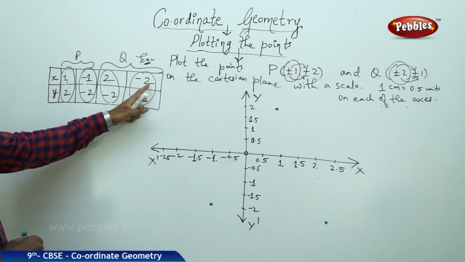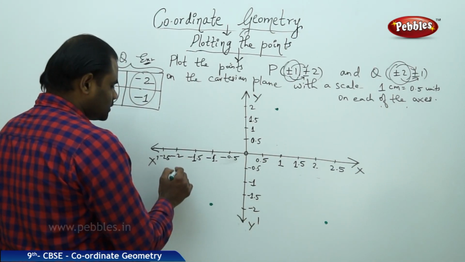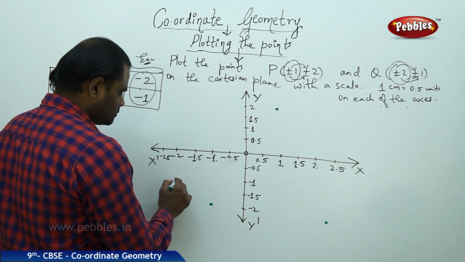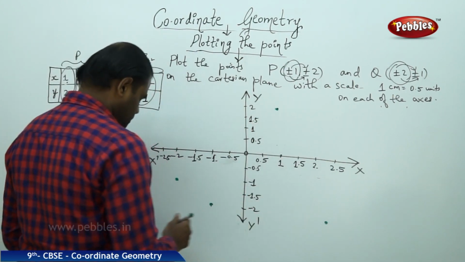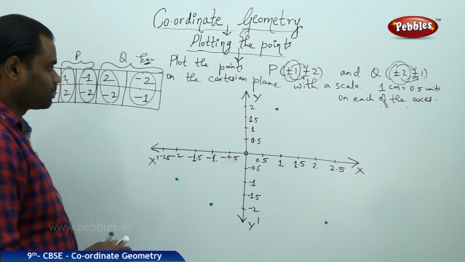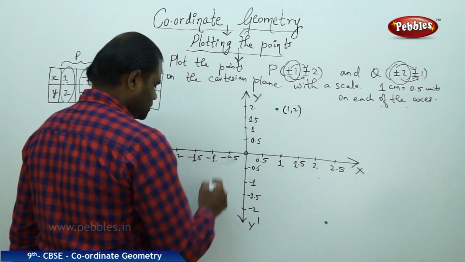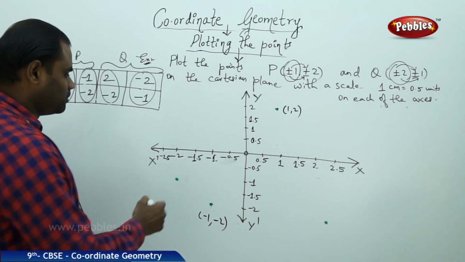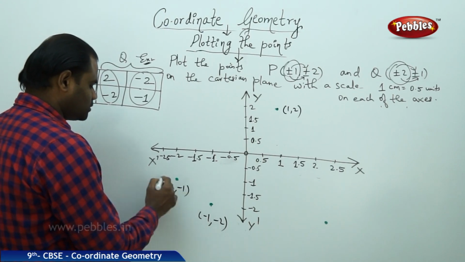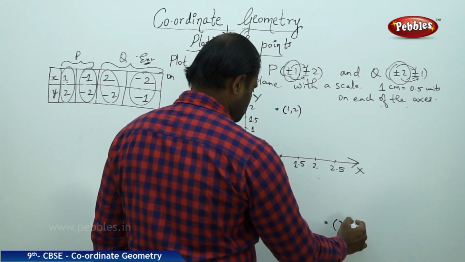And my fourth point, which is minus 2, minus 1, moves 2 left and 1 down, is how I locate the 4 points, this being 1, 2, this being minus 1, minus 2, this point being minus 2, minus 1, and this point being 2, 1.